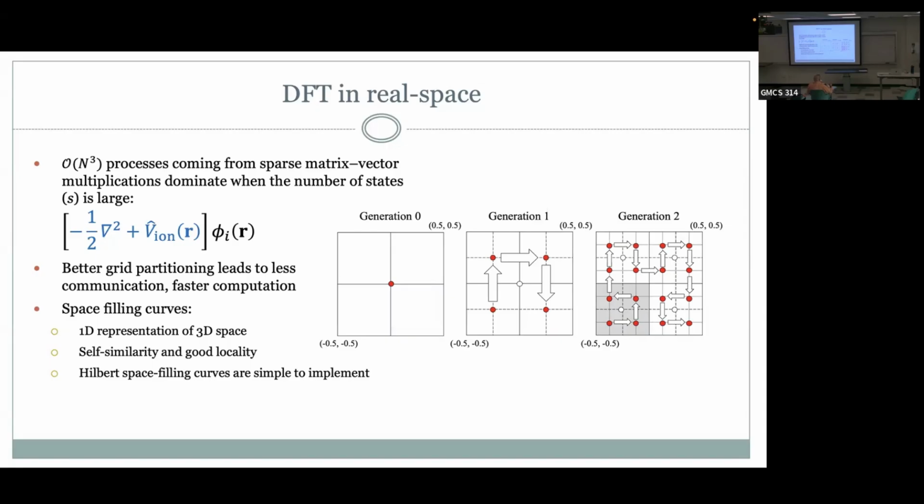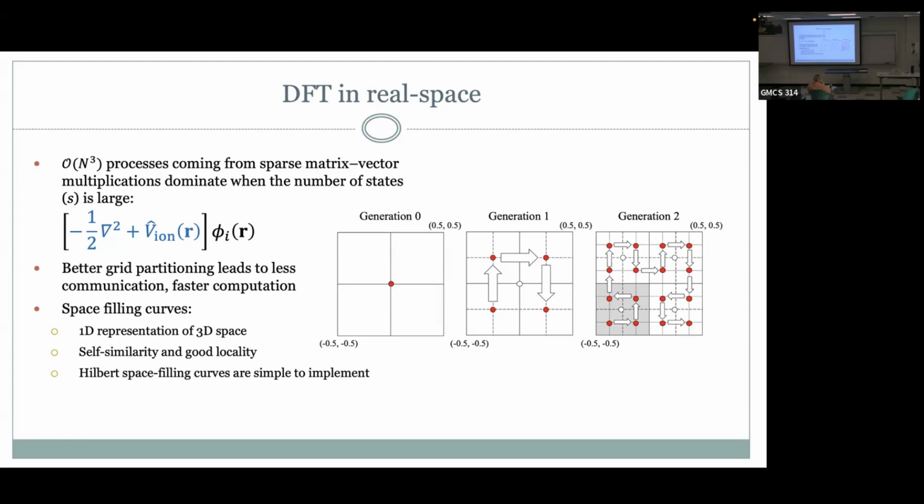So using space filling curves is useful because it's a 1D representation of 3D. It has self-similarity and good locality, meaning you don't jump from this end of the domain all the way back to this end. It's continuous. And we are using Hilbert space filling curves that are easy to implement.